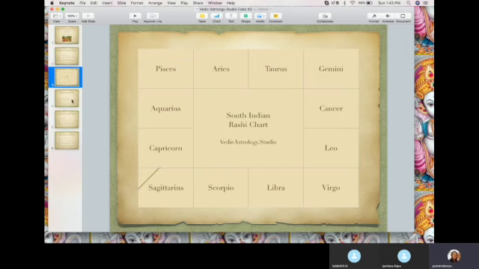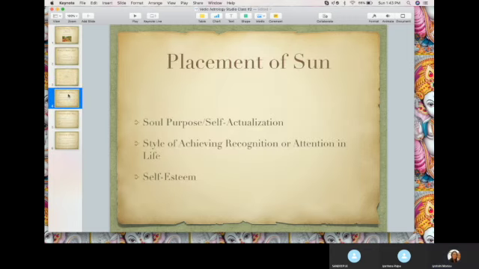Okay, so why is the sun important? Well, the sun is our soul's purpose. It shows where in life we want to self-actualize and how we like to express ourselves in the world.